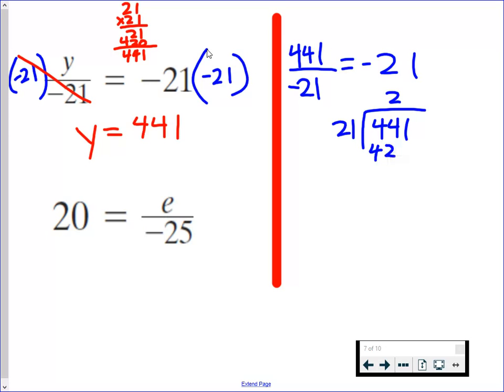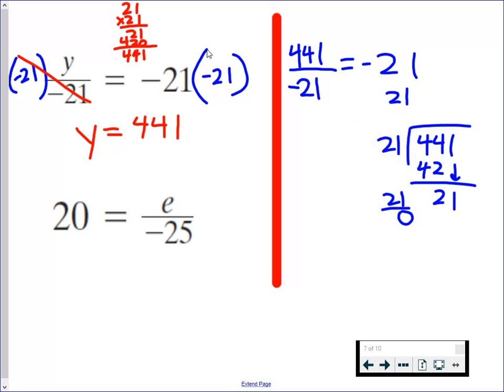That makes 42. 21 fits into 21 once. Okay, good. Now I'm feeling a little bit better about that answer. I double checked it to make sure it made sense. Also, a positive divided by a negative is a negative.